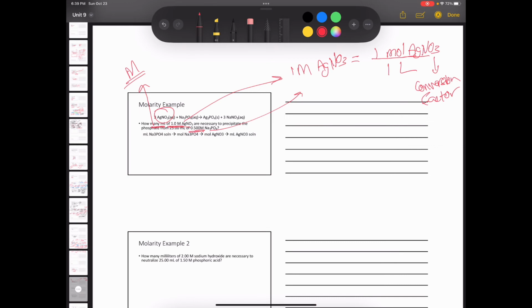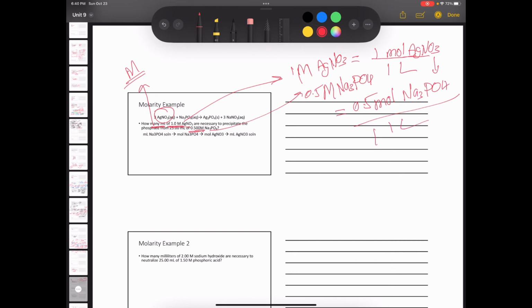Likewise with the sodium phosphate. So I have 0.5 M, that's a big M, not a small m, Na3PO4. What this means is 0.5 mole of Na3PO4 in 1 liter of Na3PO4 solution.